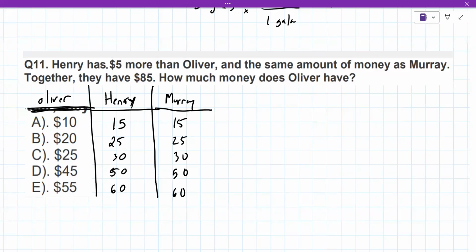What's the total? 85. So now you just have to figure out which of these 3 add up to 85. Do any of them? Yes, 25. Yes, letter C. Good.